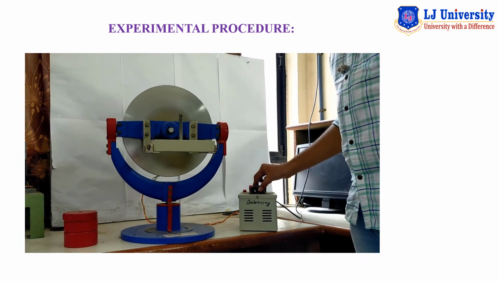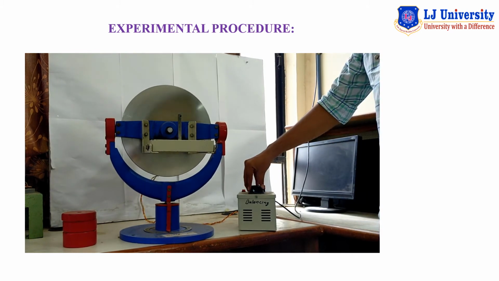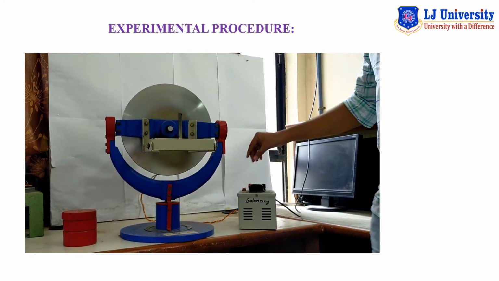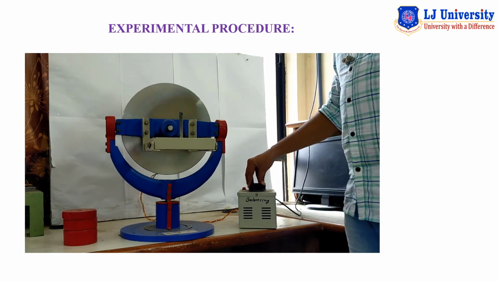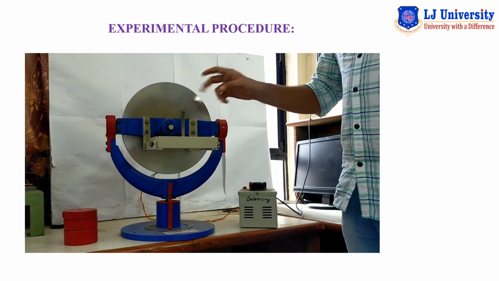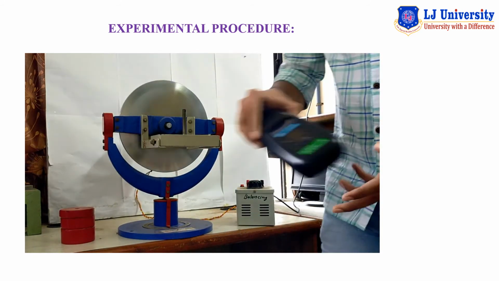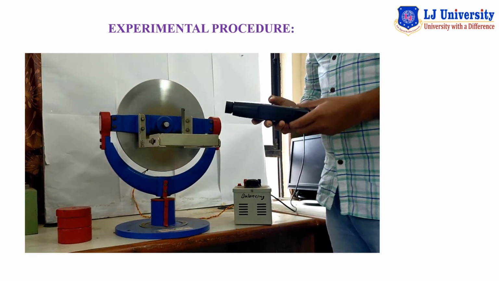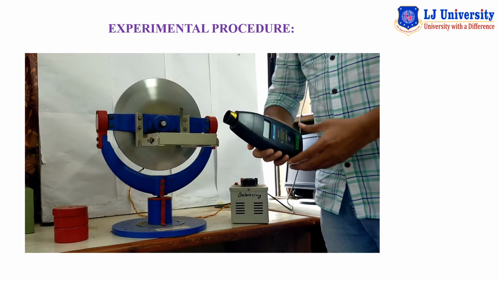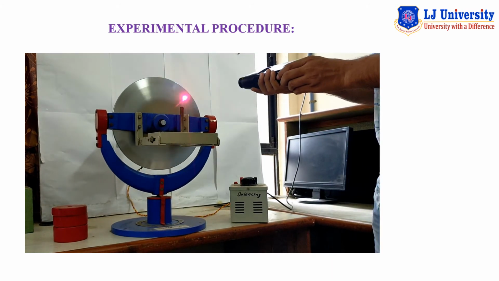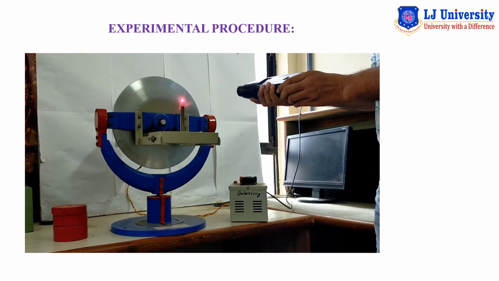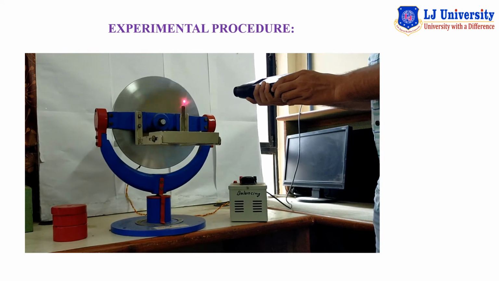We have to measure the RPM using a tachometer, a contactless tachometer. We have to measure the disc rotation in RPM. So this is the contactless tachometer, and using it we measure the RPM of the disc.